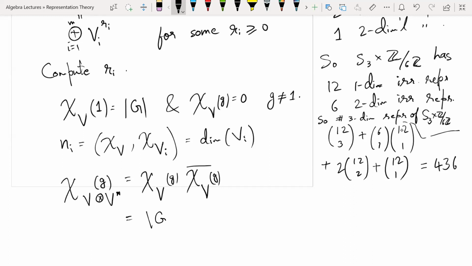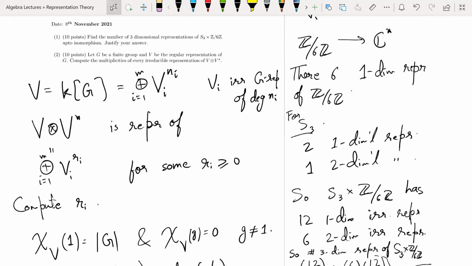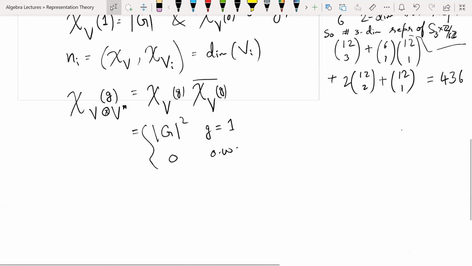So this is size of G square if G is 1, 0 otherwise. In fact, V and V dual are the same representation because they have the same character, right? So you could just as well work with V tensor V, but it doesn't matter. All we care is what the character is.